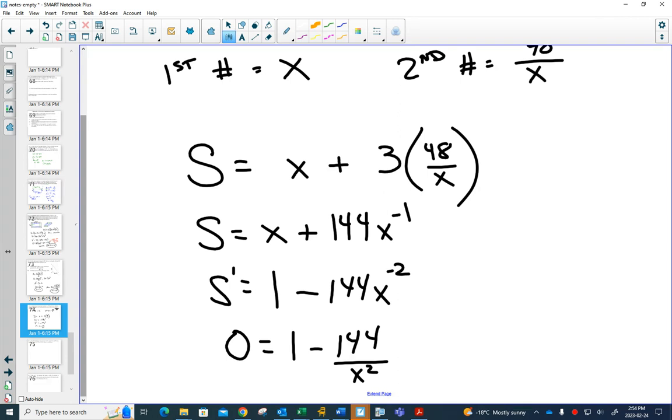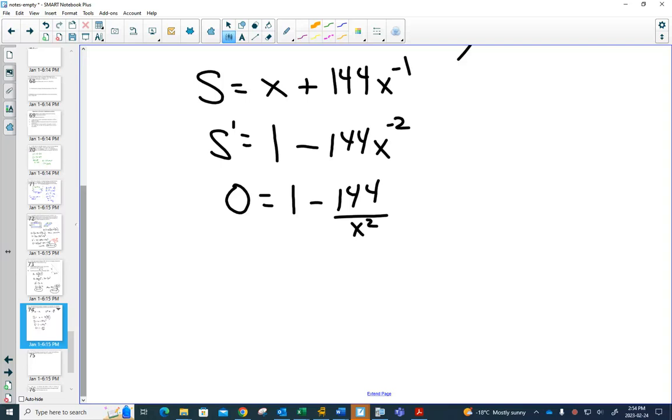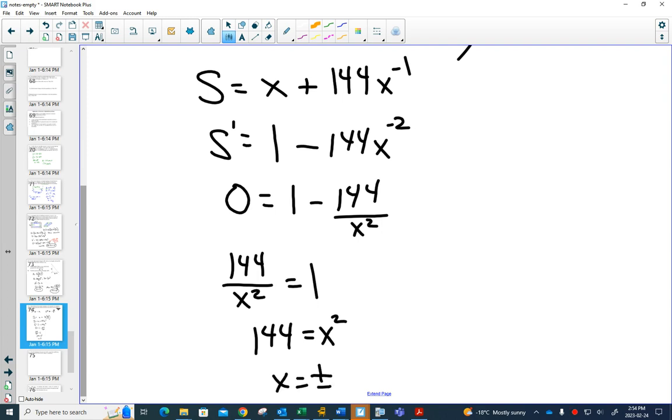And this is what I have to solve. Algebraically, I might move the negative 144 over x squared to the left side, multiply both sides by x squared. And when I square root it, I get that x is equal to plus or minus 12.